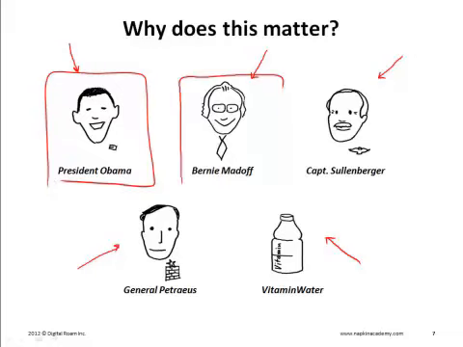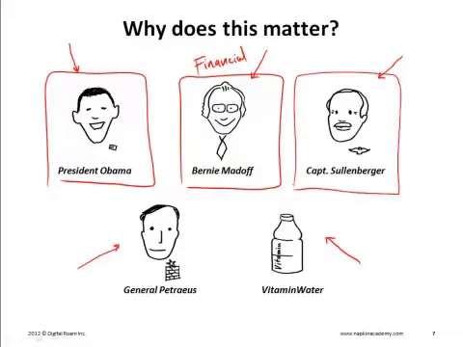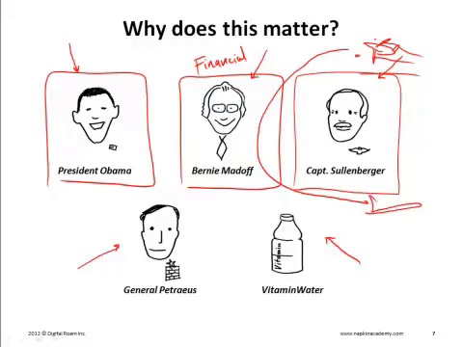Bernie Madoff just passed away not too long ago, was a manager of a financial institution, a very, very large financial company. Captain Sullenberger became very well known 2 years ago when the liner that he was flying that took off out of New York City hit some birds and both engines died, and what Captain Sullenberger had to do was land his plane without any power in the Hudson River, and he was able to do that gently enough to where every single person who was on the plane survived.